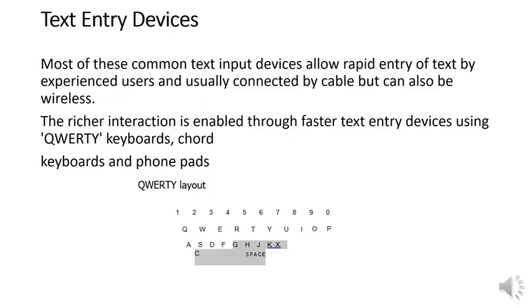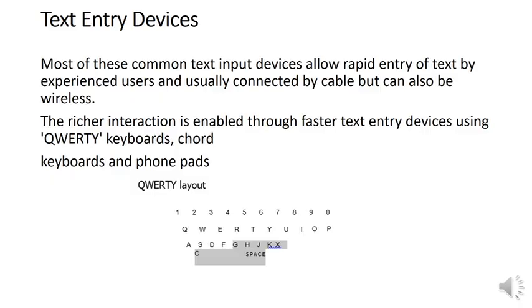Then they say most of these common text input devices allow rapid entries. The richer interaction is enabled through faster text entry devices using keyboard code. These are the formats of previous keyboards that we have. You can see how it is being configured: backspace, then the numerical, then you have the alphabet.